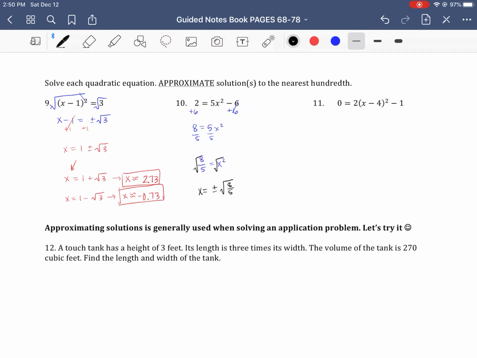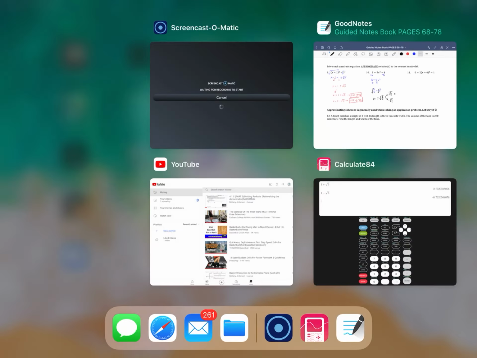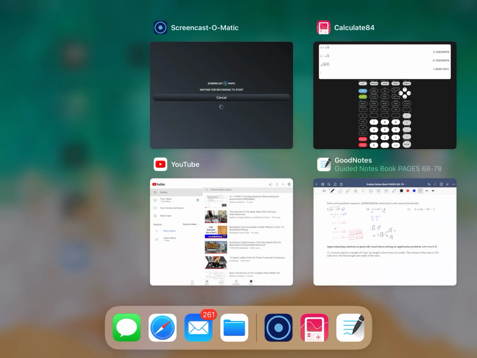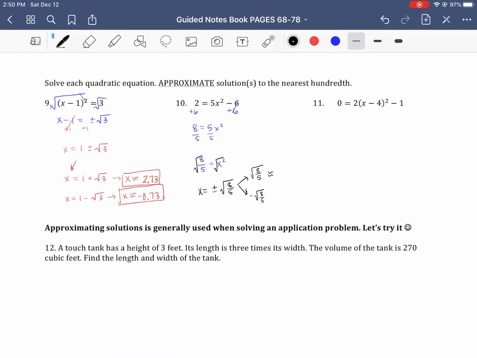Now, normally we would write plus or minus, right? But what we're saying is there's a positive square root of 8/5 or a negative square root of 8/5, and we're going to approximate the decimal. So let's say x is approximately, and let's put in the square root of 8 divided by 5, 1.26.